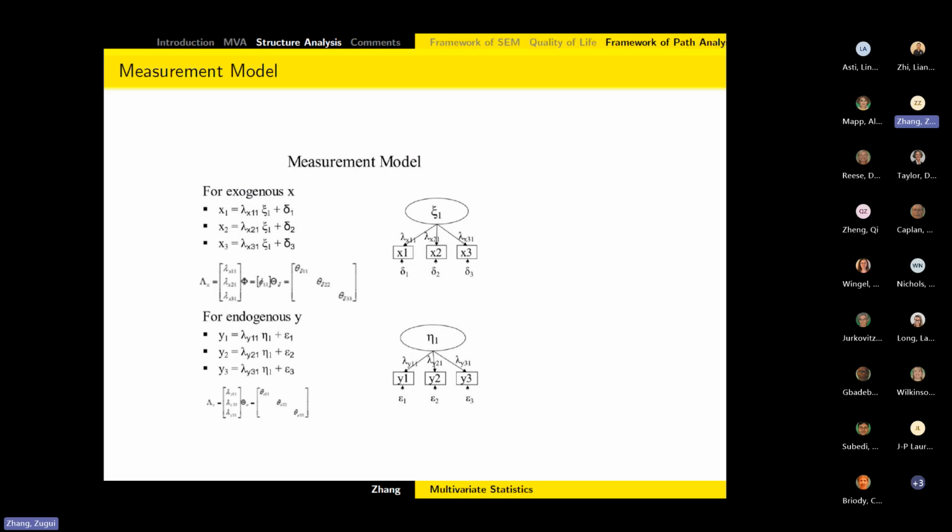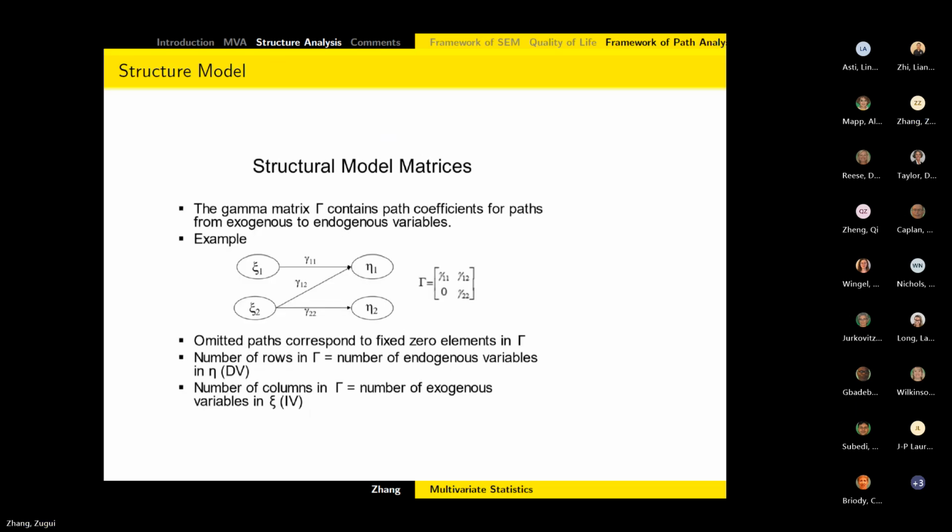And then we can get this measurement model for the exogenous or independent variables and for the endogenous variables. After the measurement model, we could have the construction model, which relates to the structure, which means related to latent variables.